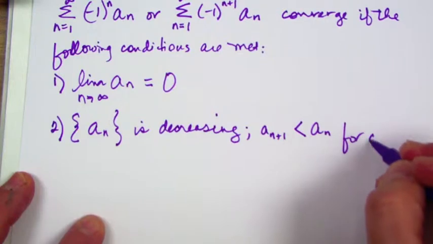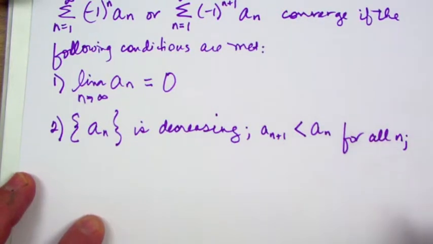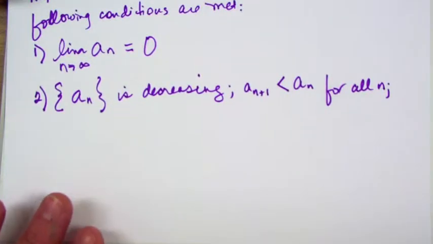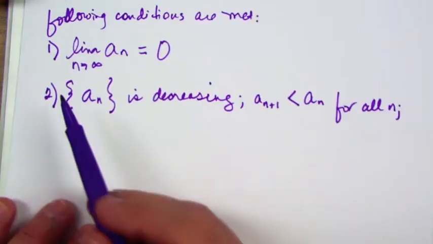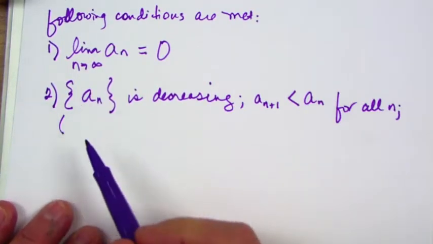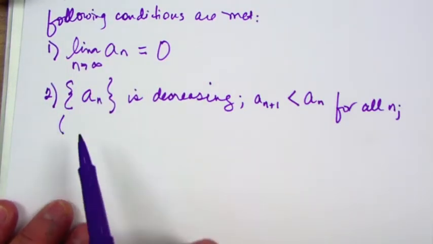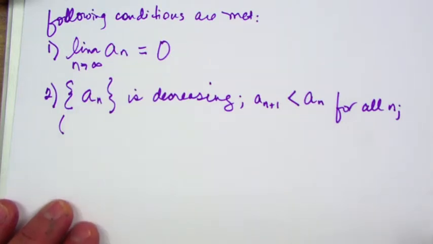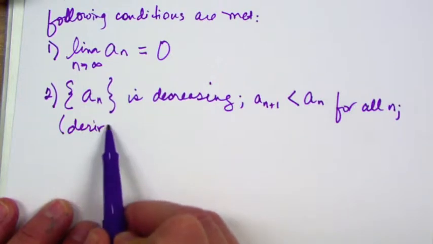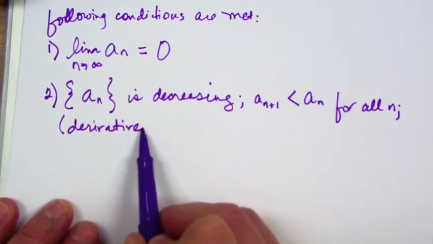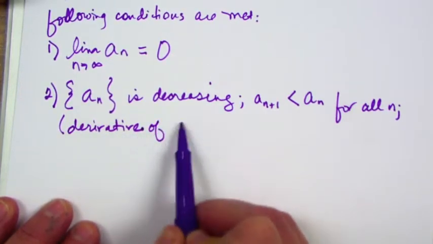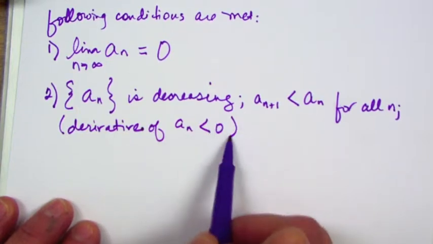It only converges with at least those two criteria. And then I'm going to put in parentheses, if you were ever asked to really prove that it's decreasing, what would you need to show? Take the derivative. Yes, that the derivative of a sub n is less than 0.